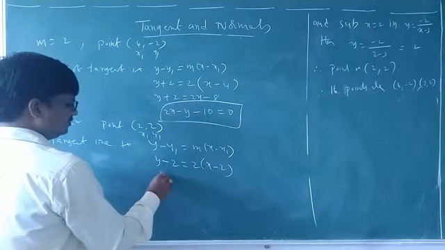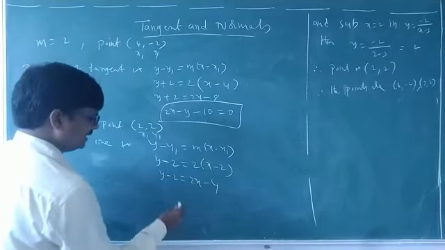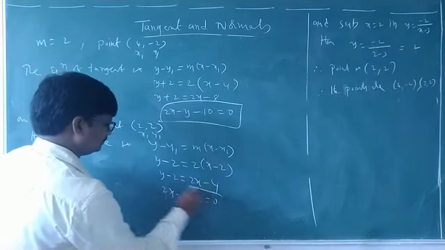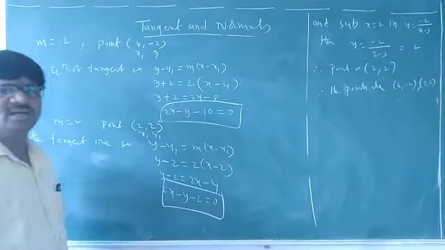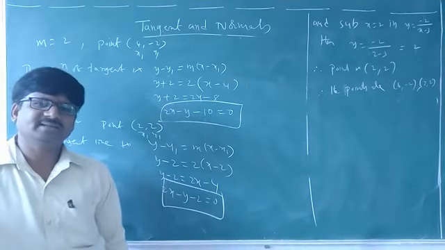So y minus 2 is equal to 2x minus 4. Transferring all to that side, 2x minus y minus 2 is equal to 0. So these two are the tangents with slope 2 at those particular points.